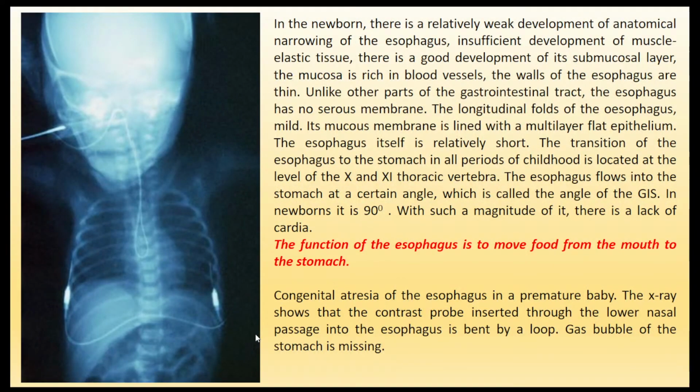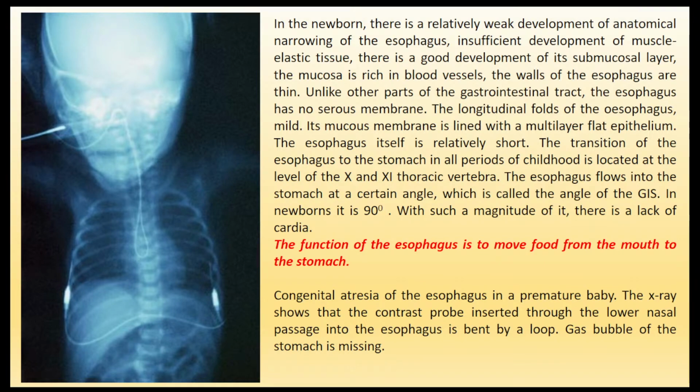You can see this one of problems of early age patient. In the newborn, there is a relatively weak development of anatomical narrowing of the esophagus, insufficient development of muscles, elastic tissue. There is a good development of its submucous layer. The mucosa is rich in blood vessels.